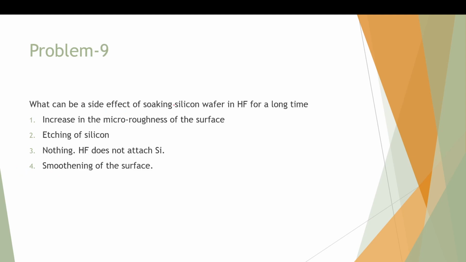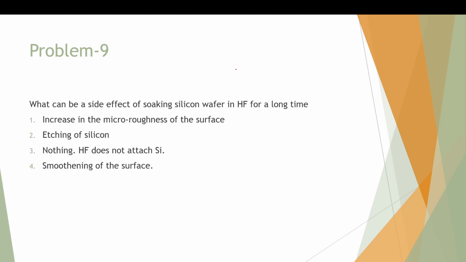What can be a side effect of soaking silicon wafer in HF for a long time? Yeah, so if you put silicon in HF solution, although etch rate of silicon is very slow in HF compared to SiO2, HF will still etch some of silicon, and that etch rate will depend on the crystal orientation.